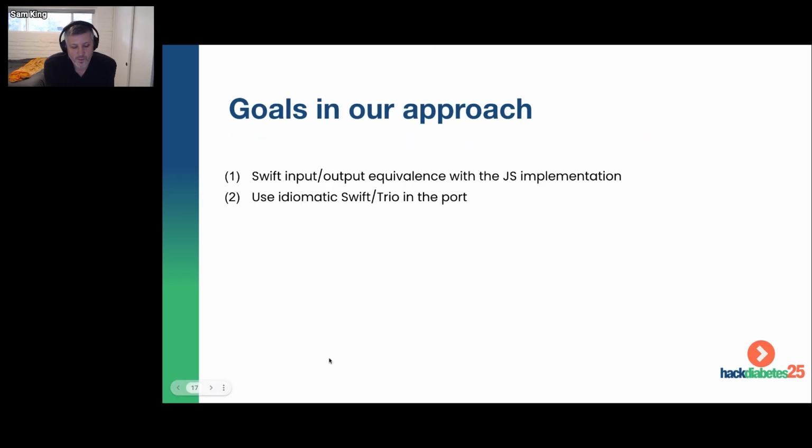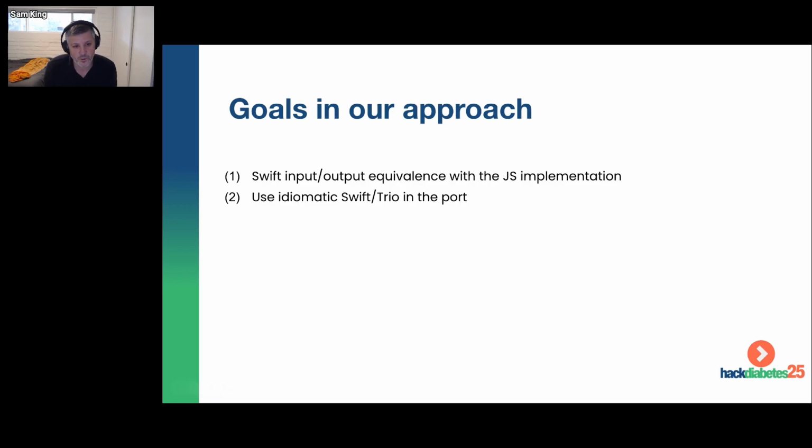All right, now our high-level goals for the port. We wanted to take this JavaScript code base and port it to Swift, and we had two basic goals. The first one is, because the system is running pretty well and we wanted the ability to confirm that our Swift implementation is correct, we wanted the inputs and the outputs of the two algorithms to be the same. In other words, if you ran the JavaScript and the Swift implementation side by side, we would expect them to produce exactly the same results.